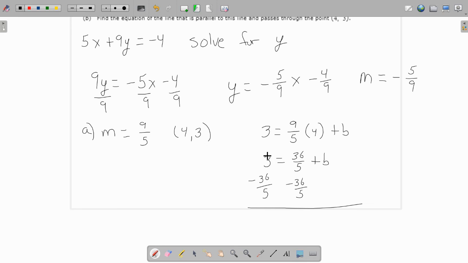So this is 15/5. So that's -21/5. Okay. So 15 minus 36 is 21. Equals b. So your equation, y equals, there's our new slope, 9/5 x minus 21/5. Okay, so that was part A.